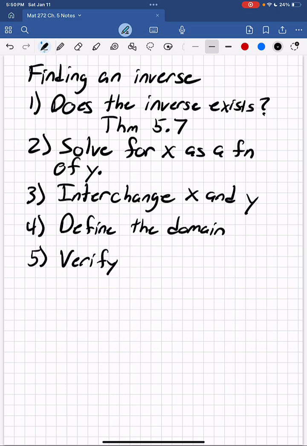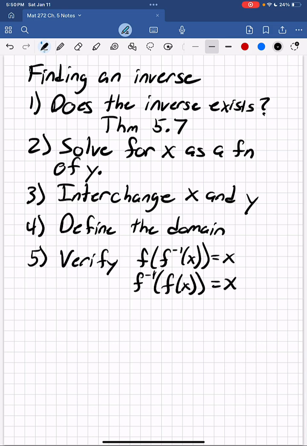To verify, we're checking to see, when we plug one into the other, do we just get x out? These are the steps we're going to use to find the inverse.